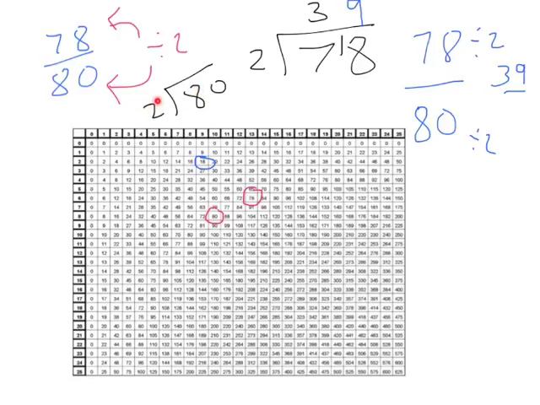Well, let's have a look at the multiples of 2. We look at the multiples of 2, and we can see that there's a number 8 there. There it is right there. So now we know that 8 divided by 2 is 4. So 2 goes into 8 4 times. So now we can write the number 4 here. And because there's no remainder, then we just put a 0. So 80 divided by 2 is 40. So now we can just write here 40.